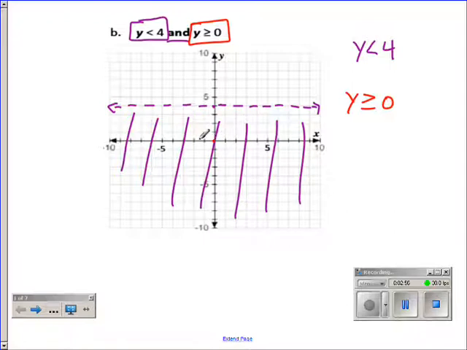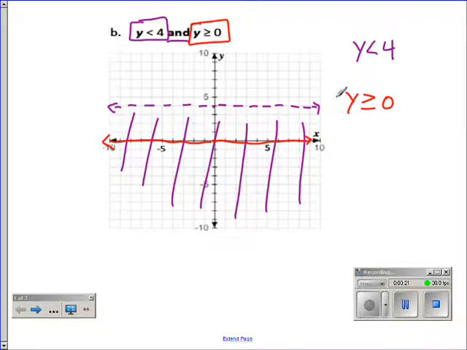What kind of line am I going to have? It's going to have to be a solid line because it could be greater than or it can be equal to 0. And it's going to be horizontal because all along this line is where y is equal to 0.